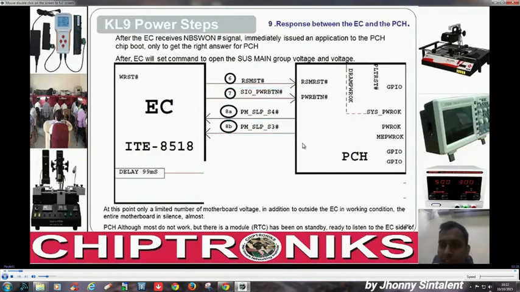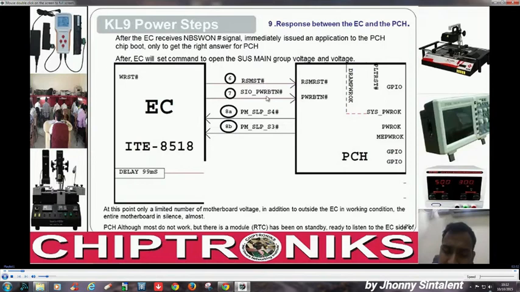After the PCH receives these two signals, RSMRST and power button, it releases the SLP_S4 and SLP_S3 signals to the IO controller. What these signals do, we'll see later on. These will open up the suspend voltages we have already discussed.